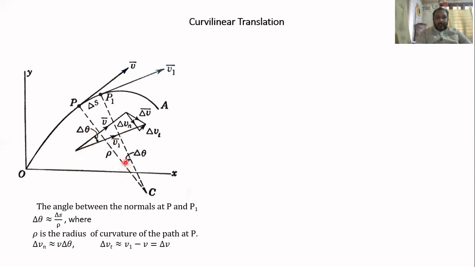So this angle is also delta theta, as these two are the normals of V and V1.